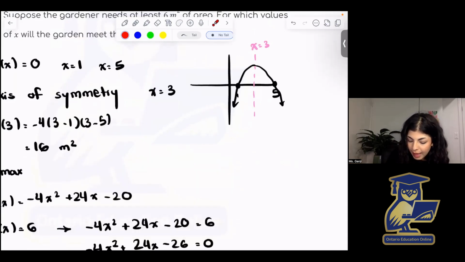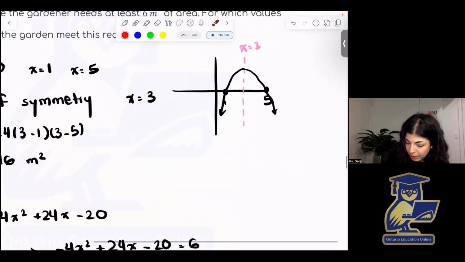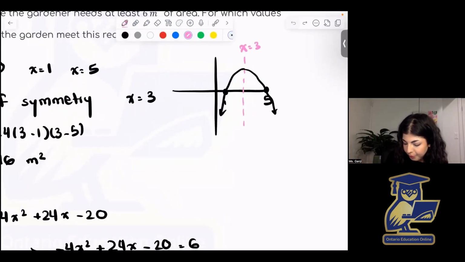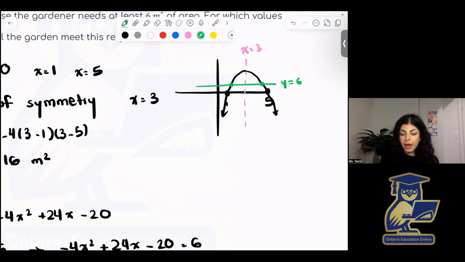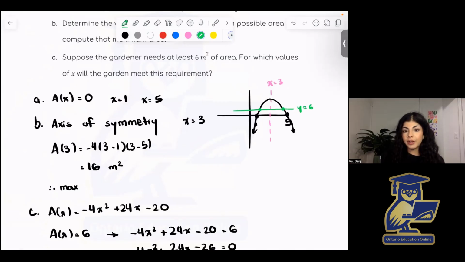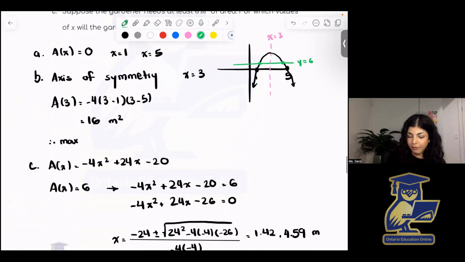So assuming those 2 points are approximately here, at y equals 6, then we want values that are greater than 1.42 and less than 4.59.